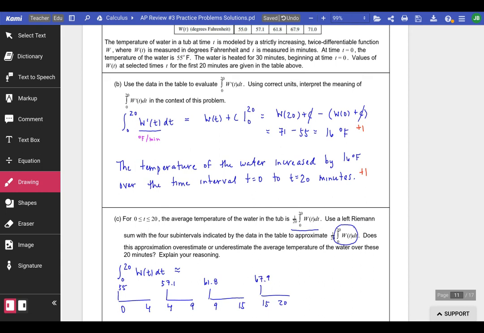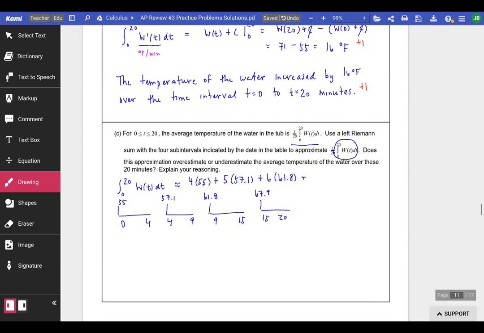So now my integral is going to be approximately 4 times 55 plus 5 times 57.1 plus 6 times 61.8, and then plus 5 times 67.9. And let me put that in my calculator.